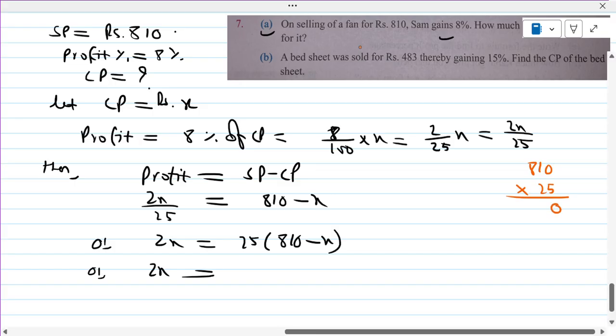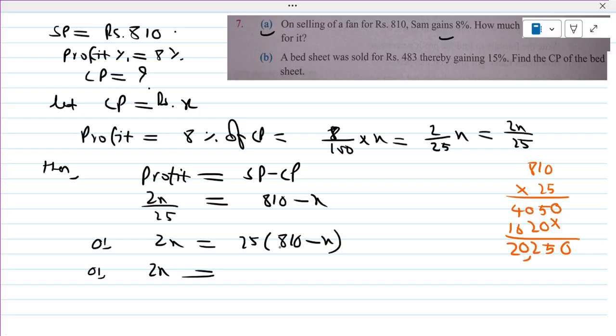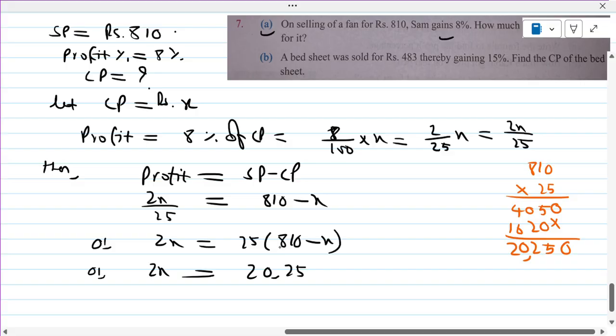So 5 0s are 0, 5 1s are 5, 5 8s are 40, is it? And then 2 0s, 2 1s are 2, 2 8s are 16. So it's there 20,250, right? 20,250 minus 25x.